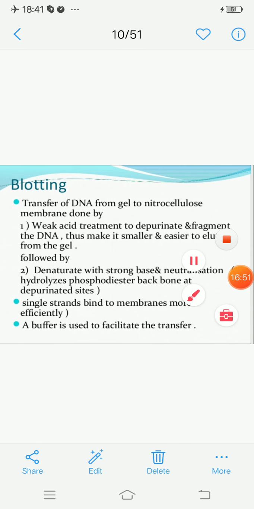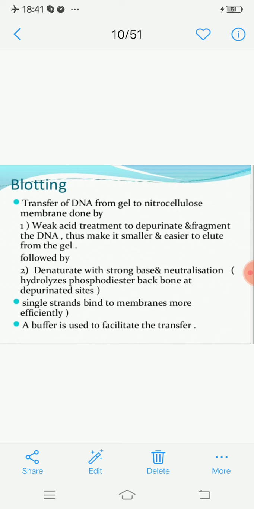So what does blotting mean? It is the transfer of DNA from the gel to blotting paper such as nitrocellulose or a nylon membrane. It is done by weak acid treatment to depurinate and fragment the DNA, which makes it smaller and easier to elute from the gel. So how is the transfer done?